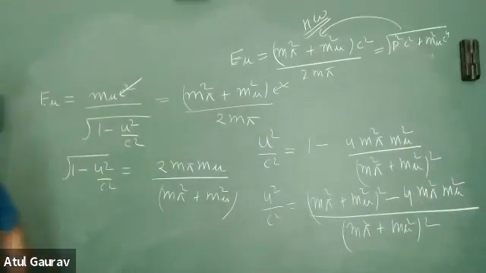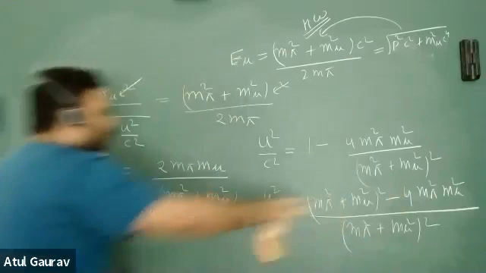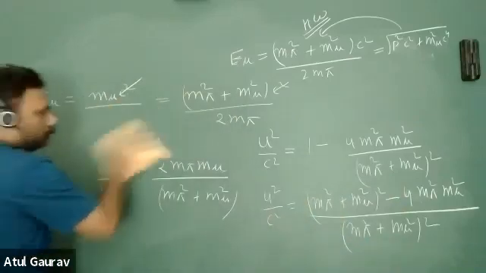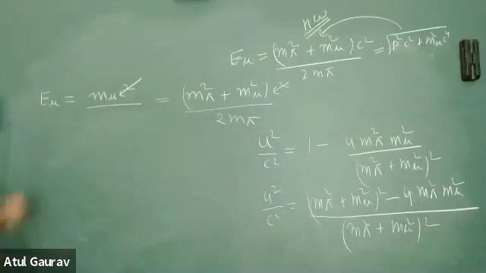Now what will happen to this part? What is this part? This is something. So I am just going to delete all this. So you have u square by c square.